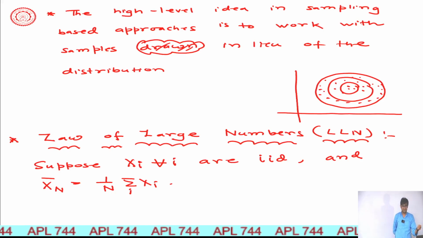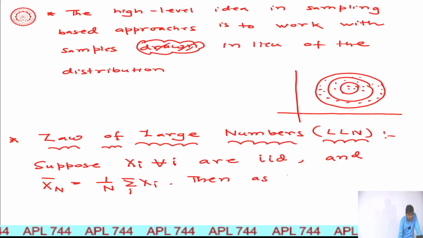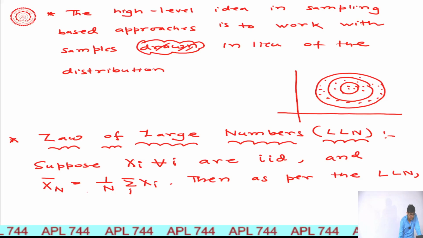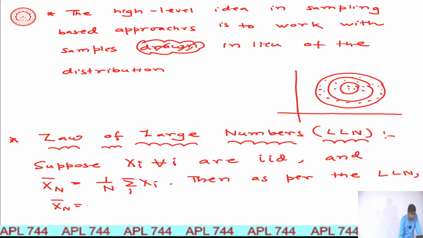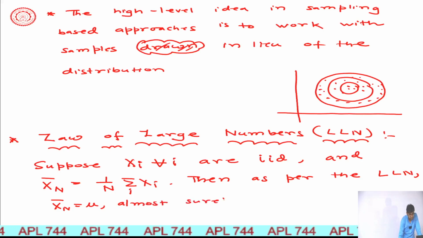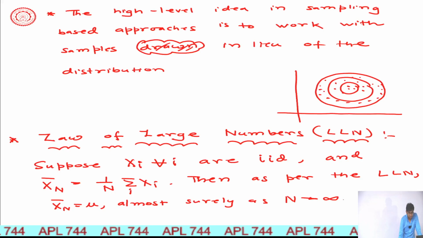Then the law of large numbers states that for sufficiently large n, this xn bar will be equal to mu almost surely. Okay. So as per the law of large numbers, xn bar is equal to mu almost surely as n goes towards infinity. Okay.